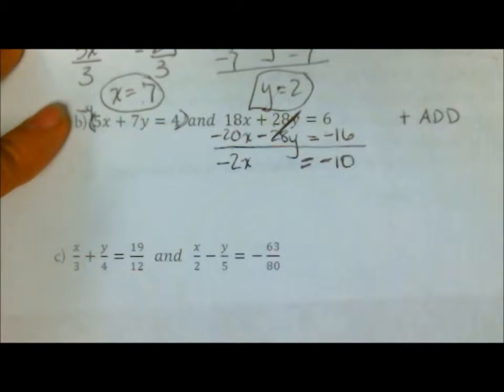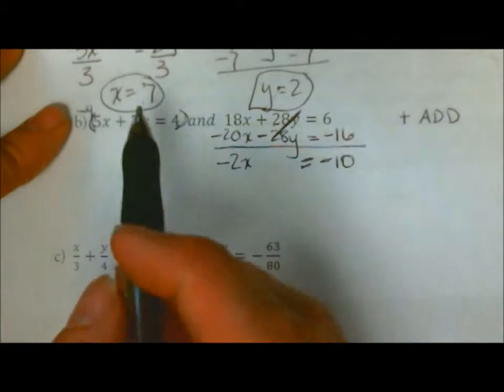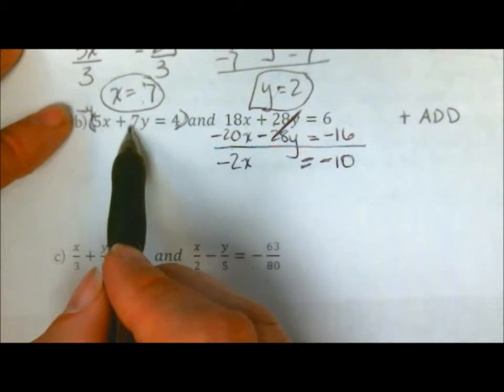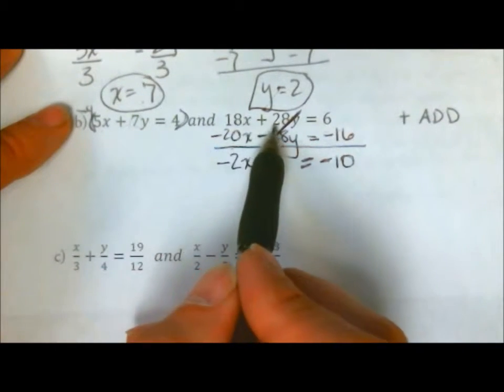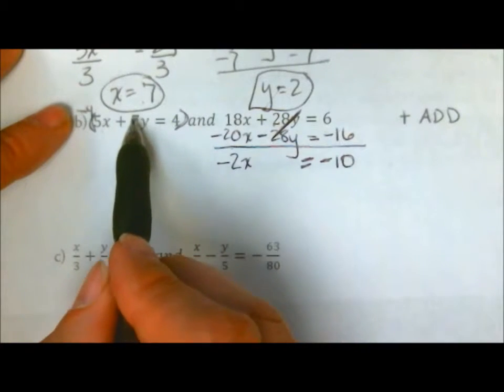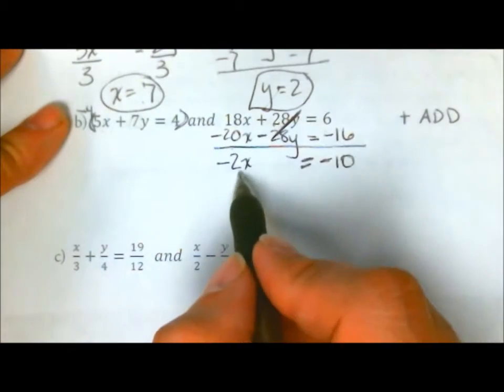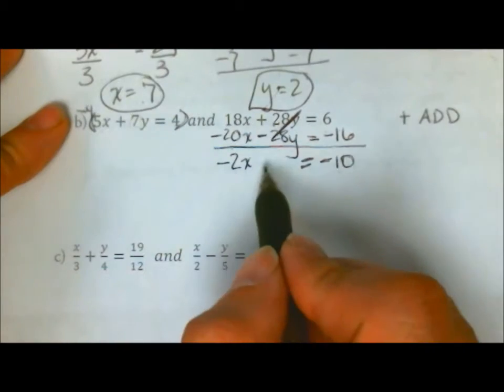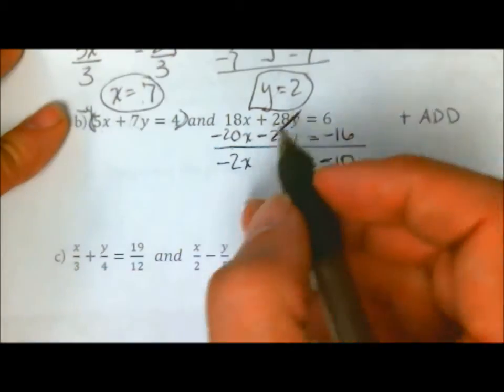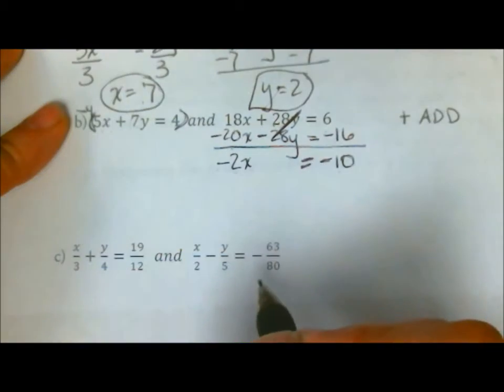Boy, that makes things really simple, doesn't it? Just that one cool little move where we notice that this is a multiple of this. Okay? That's really valuable. Now, if 2x's is a 10, then what's 1x? Well, it's a 5. I have negative 2x is a negative 10.